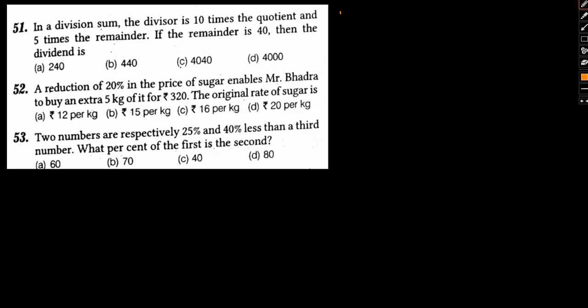So let the quotient equal x. So therefore the divisor will be 10x. Okay, the divisor is going to be 10x, and now it is also given that the remainder is equal to 40.